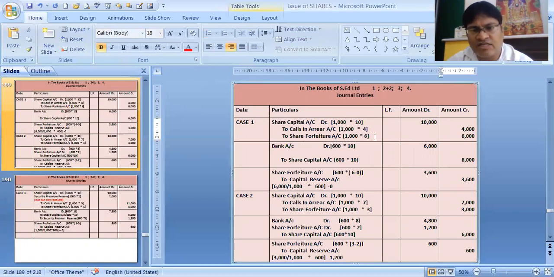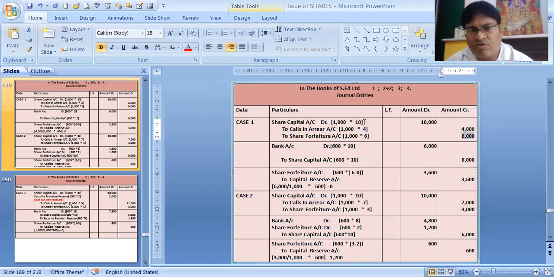And share forfeiture, how much people have given extra? That means they have given till the first call. ₹6 they have given: ₹1 on application, ₹2 on allotment, and ₹3 on first call. Remember, we have received securities premium reserve, that's why it is not being debited.